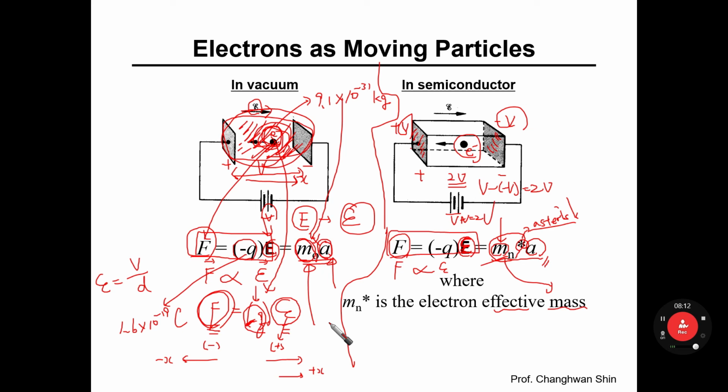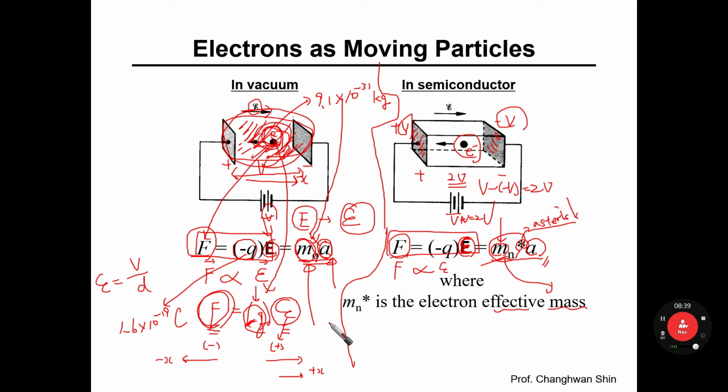If you take a look at the scale, the scale arrow is indicating a different number depending on where you are. Why is that? The main reason is that gravitational force is very different. So that kind of thing can happen in the case of electrons in a semiconductor.